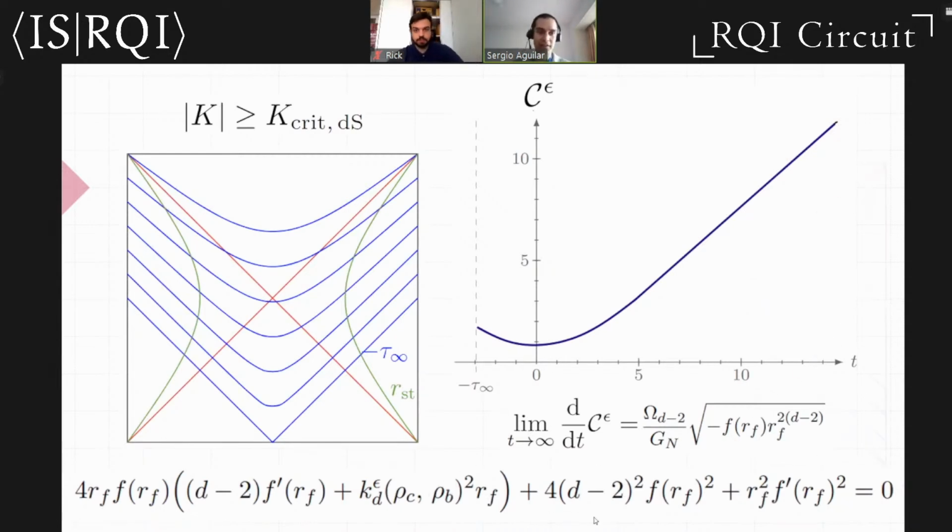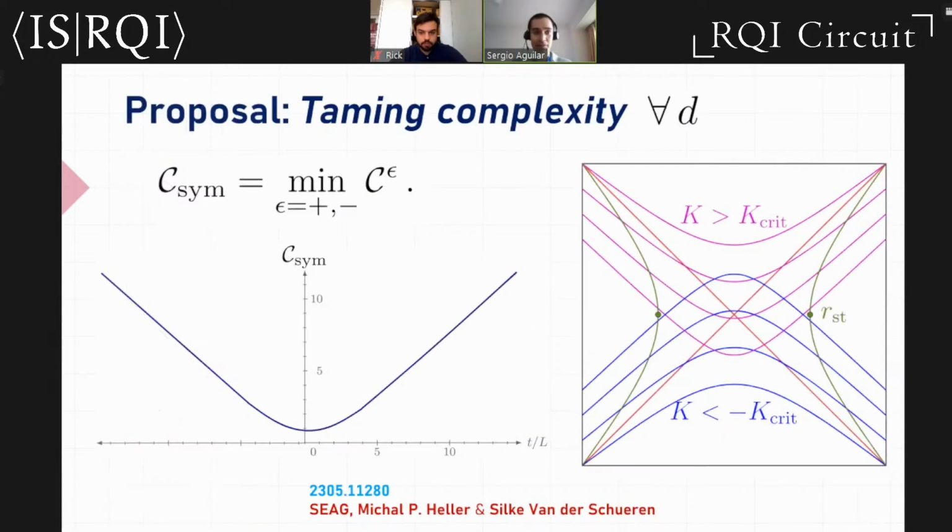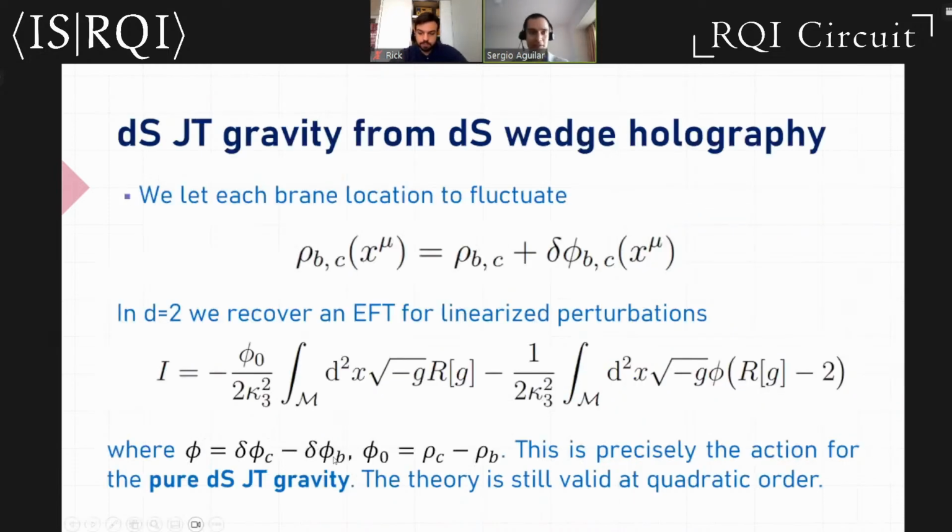I can tell you some technical details if anyone is interested. We also propose a way to implement a covariant notion of this linear growth of complexity, which you also expect based on quantum circuits. Here you can see our work where this was first proposed, and we also applied it in the wedge holographic method. So this is just to wrap up.